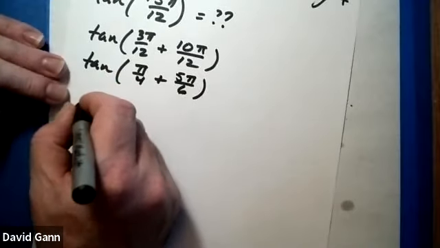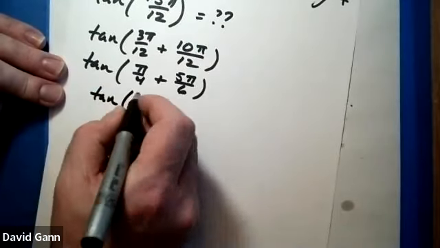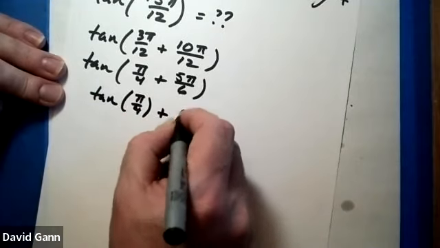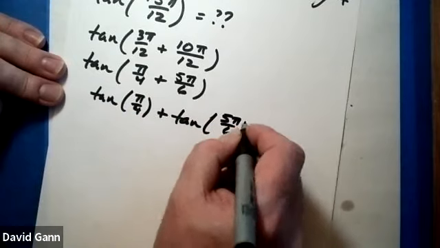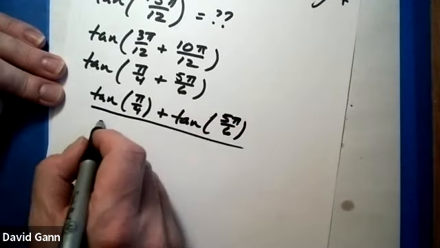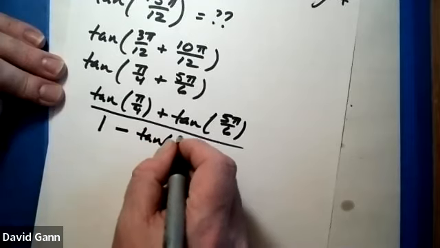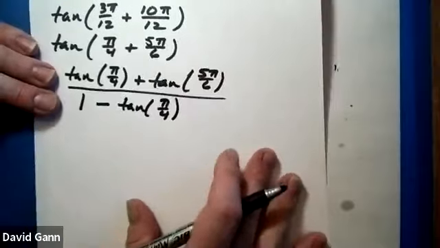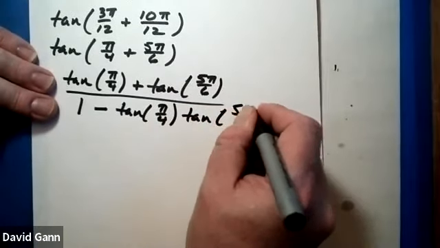So this is going to be tangent of the first angle plus tangent of the second angle over 1 minus the product tangent of the first angle times tangent of the second angle.